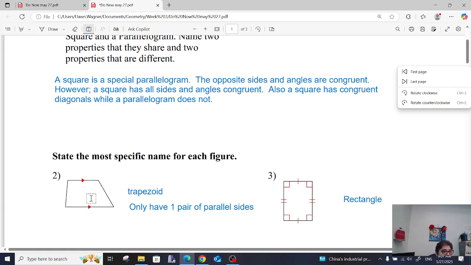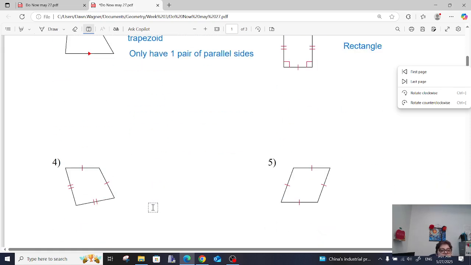So see how only one pair is parallel? These two are not parallel. So that's what makes it a trapezoid. Good? Okay.